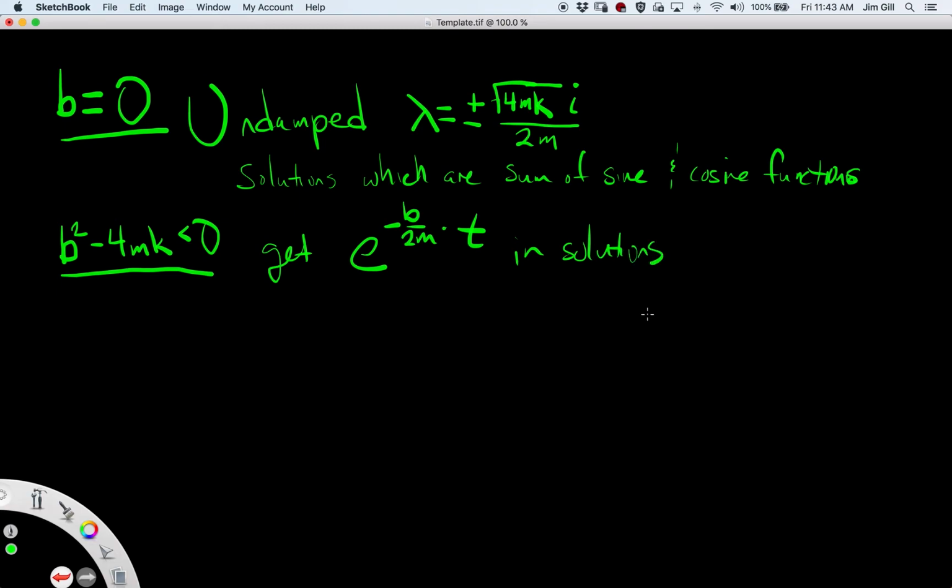So we'll still have those sines and cosines, because here we have complex eigenvalues again because the discriminant is negative, but we know that the real part of the complex eigenvalue is going to be negative b over 2m, which means there's going to be this exponential decay related to this solution. And this is called underdamped.